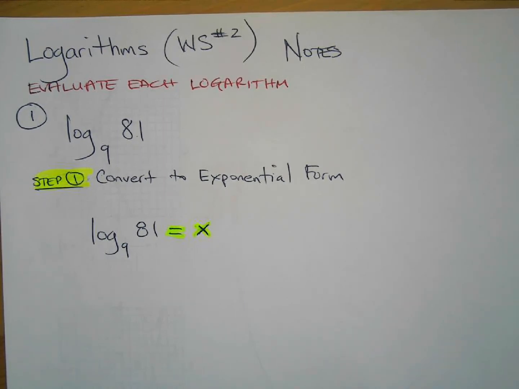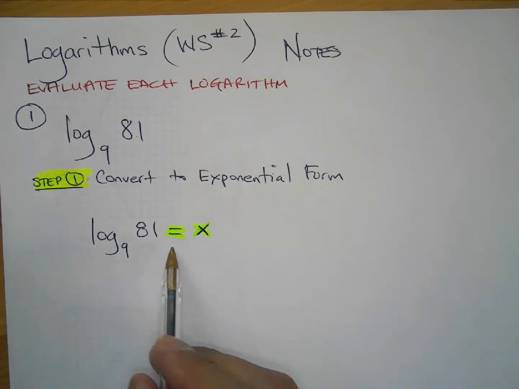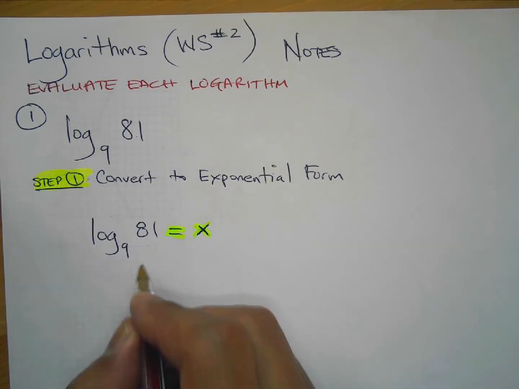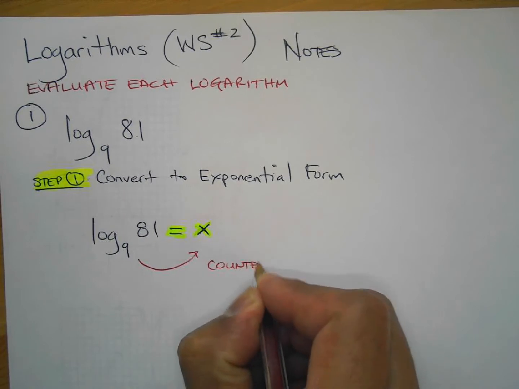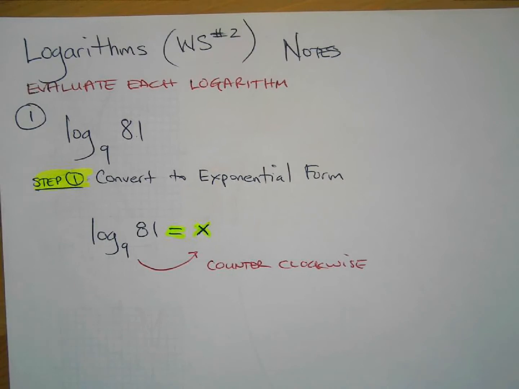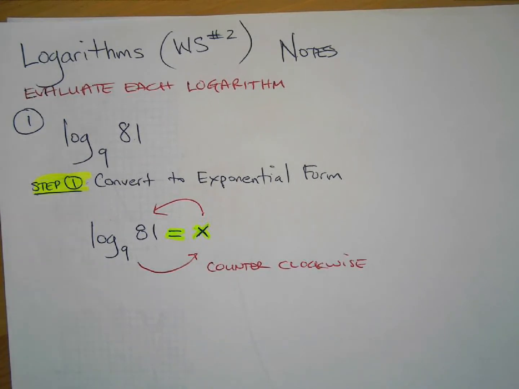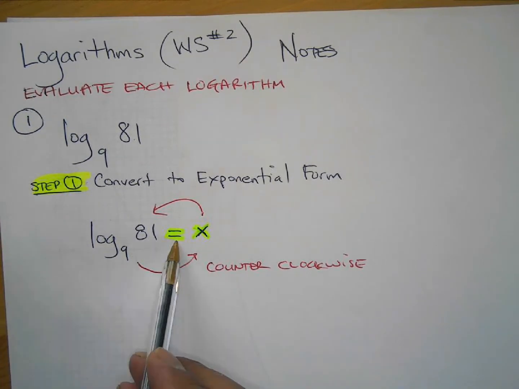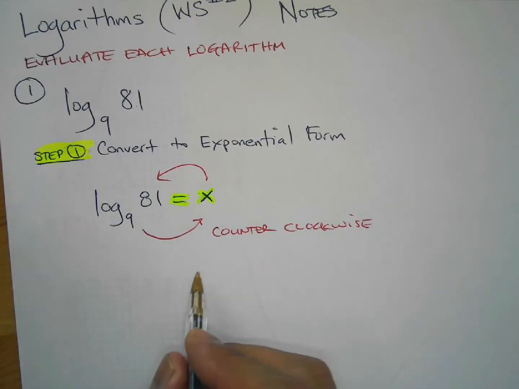And then how do you convert this, right? We learned this in the first worksheet, how to convert from logarithmic form to exponential form. You go counterclockwise. Remember that? Counterclockwise. And once you do that, now your equation, because it has an equal sign, is converted from logarithm form to exponential form.